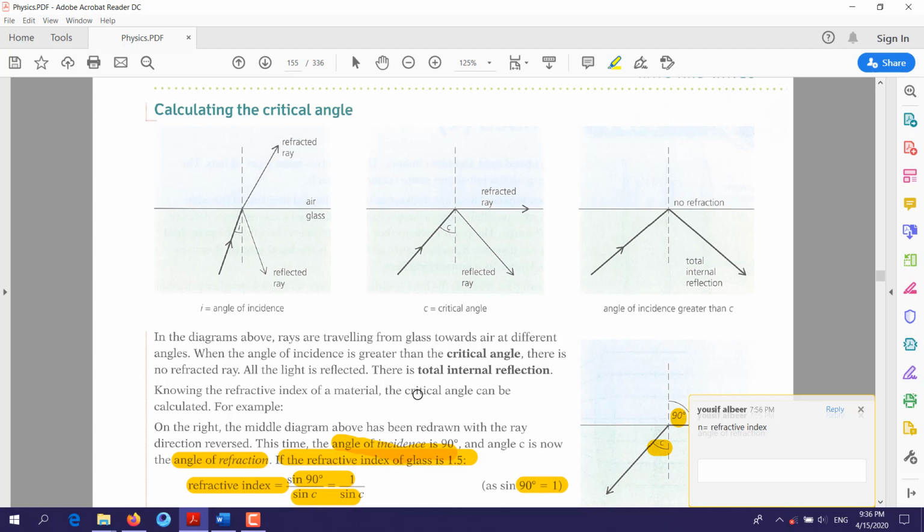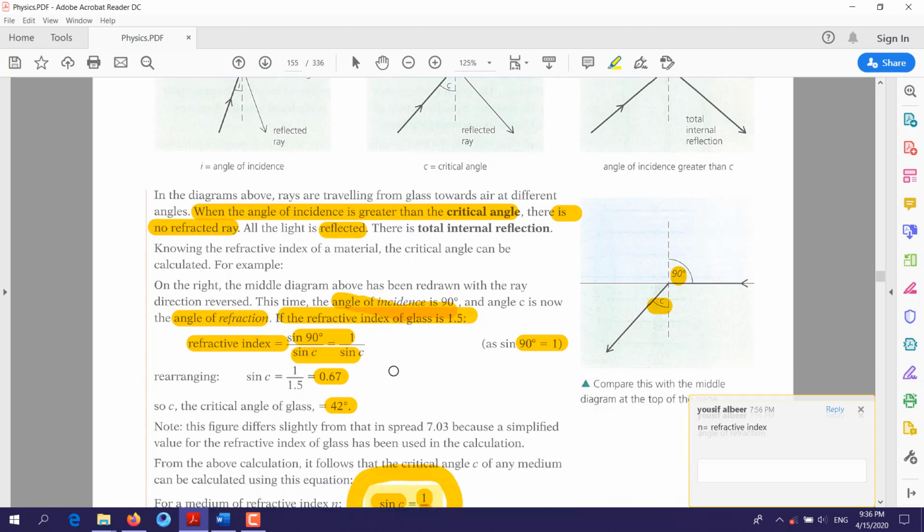This we call total internal reflection. When the angle of incidence is greater than the critical angle, there is no refracted ray. All the light is reflected, so there is total internal reflection.